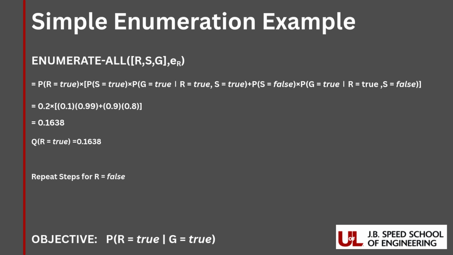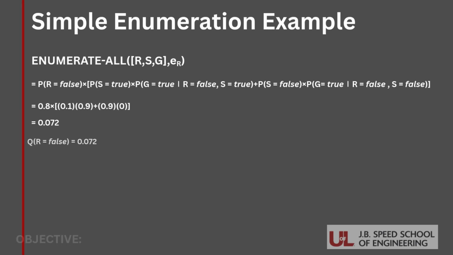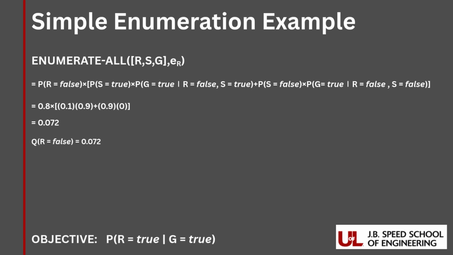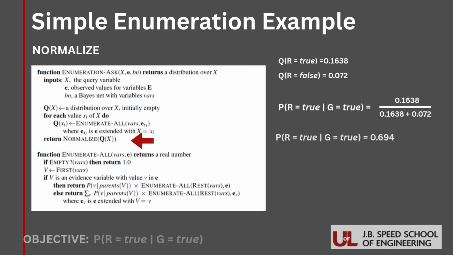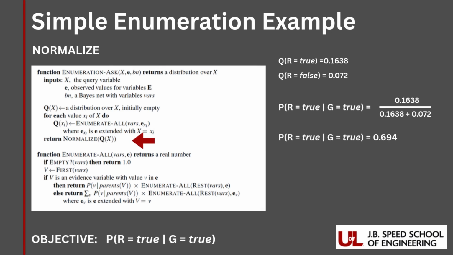And then we're going to have to do the same process with R being false. Okay, and so if we do the same process, we'll get Q of R being false as 0.072. And then the last step is to normalize.